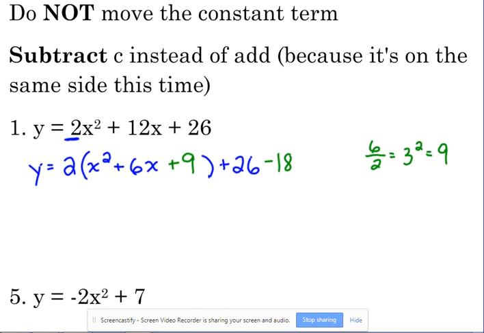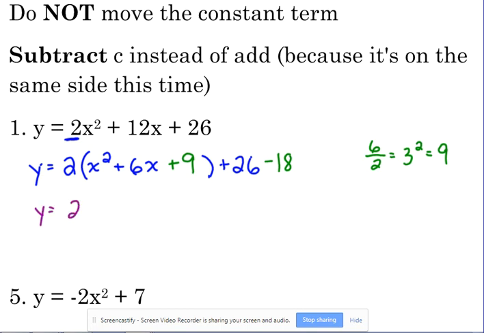I can't just add 18 to my equation without changing things. So if I subtract 18, technically I haven't really done anything to this. I've just written it in a different form. So it's on the same side, so if I add it inside my parentheses, I've got to subtract it outside the parentheses. Okay? Those are the only things that we have to remember that are different.